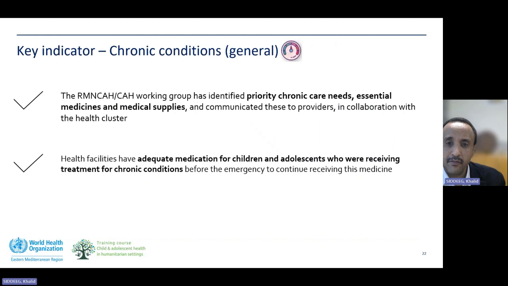These are the indicators that are proposed: that our working group has identified the priority chronic care needs and essential medicines and supplies that are needed, and communicated them to the providers, to the beneficiaries, and to the health cluster, and that adequate medications for children and adolescents are being measured as key indicators for chronic conditions.